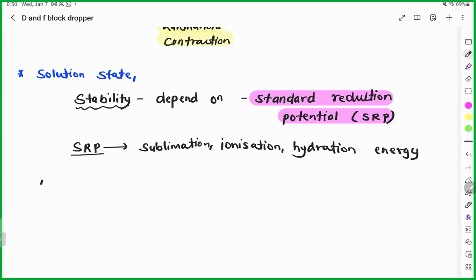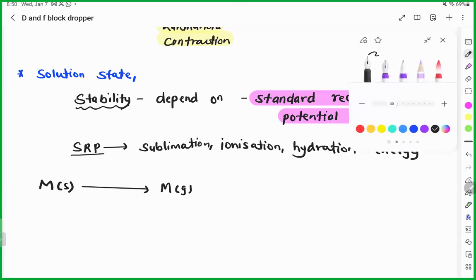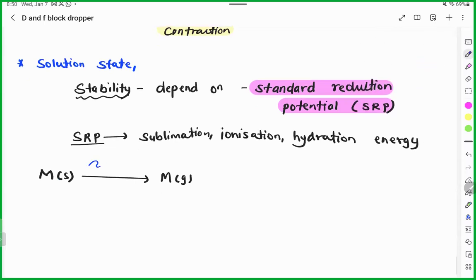Example, if you have any metal in the solid state and you convert this metal into the gaseous form, which energy will be involved, Pratigya? Sublimation energy. Energy involved when you convert solid into gas.